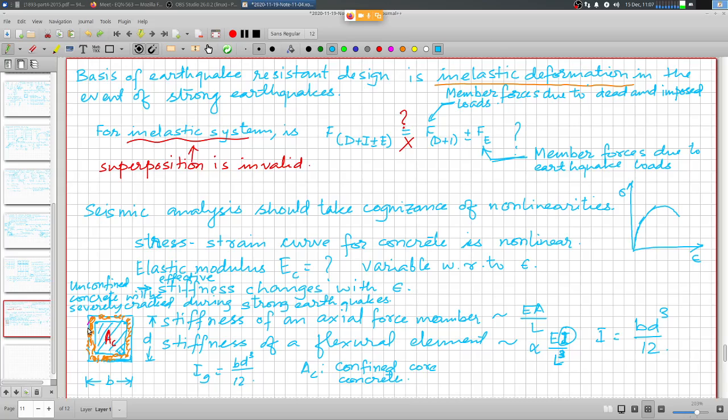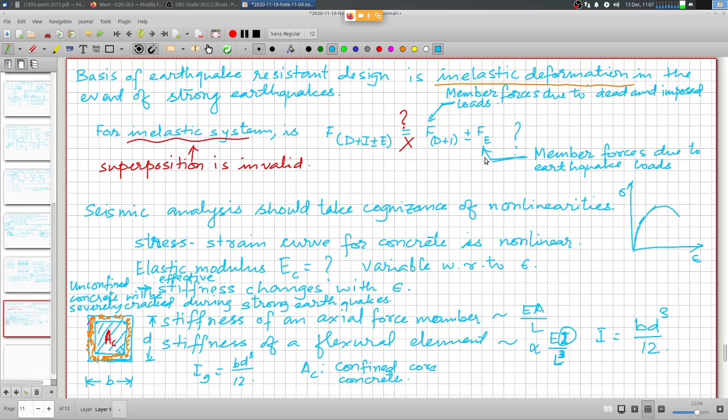So what is done is, obviously in the analysis, the member forces would be governed by the stiffness of the members that we consider in analysis, right? Now the stiffness in case of earthquake loading is going to be much smaller than the stiffness that the structure would have during normal dead load conditions, right?